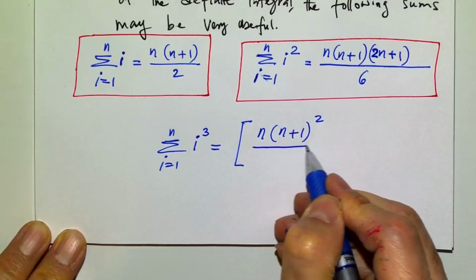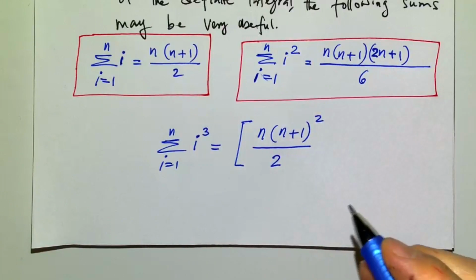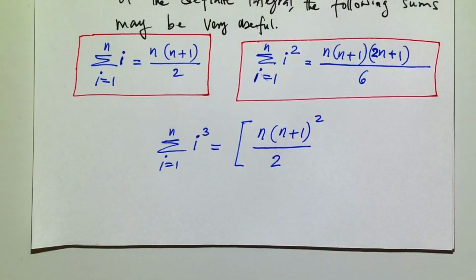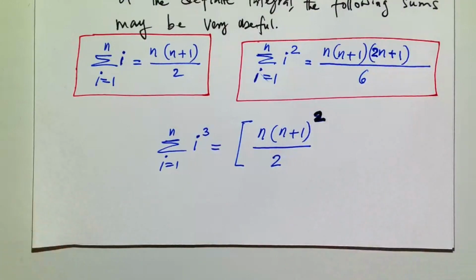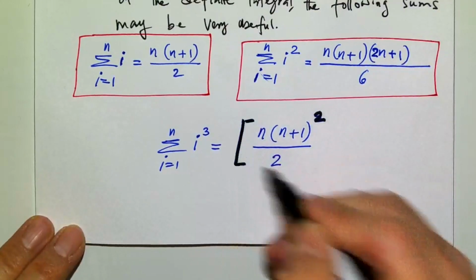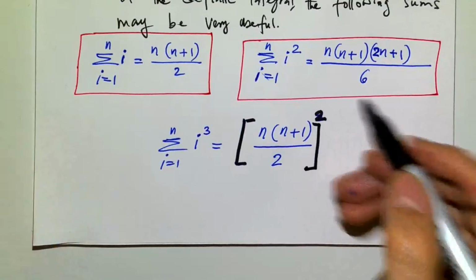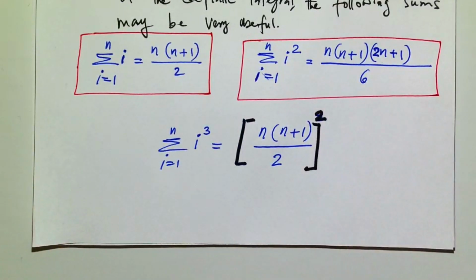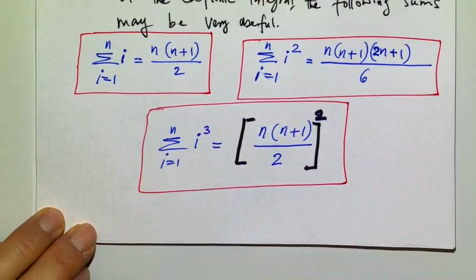So let me correct that. That's not the power of this parentheses, guys. That power is on the outside of this bracket. Okay, so it's on the outside, like that.